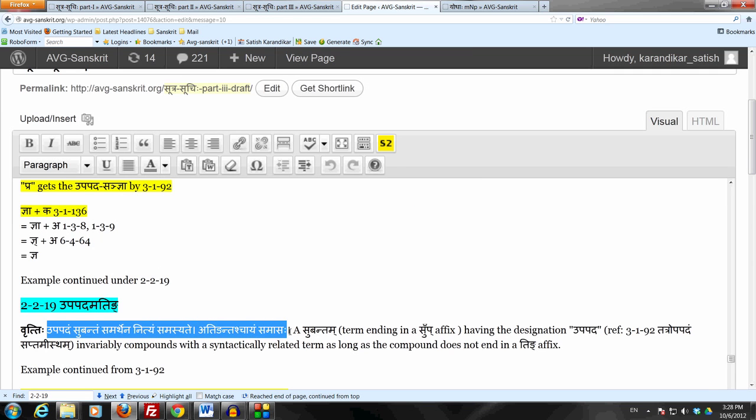It doesn't have to be another sup, but it is another term which is related. So upapadam subantam samarthena nityam samasyate atingaschayam samasaha. So we can form a compound as long as it doesn't end in a ting affix. We can take an upapadam and form a compound with a related term. It doesn't have to be a subantam.